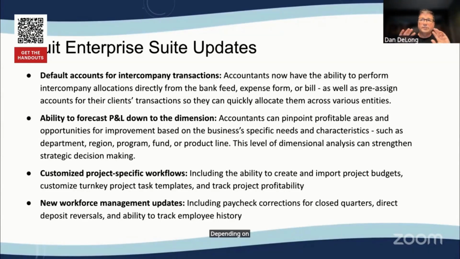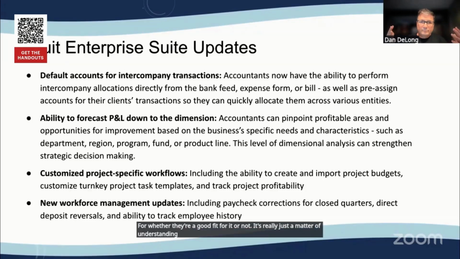Depending on their workflows, there's no one size fits all for whether they're a good fit for it or not. It's really just a matter of understanding what struggles they have and whether they would be addressed with some of these things.